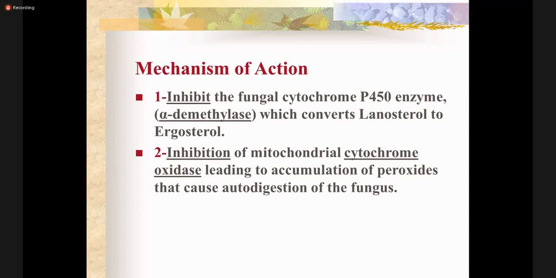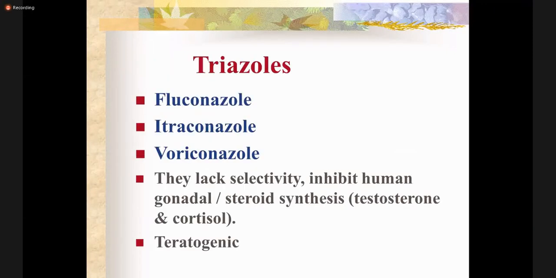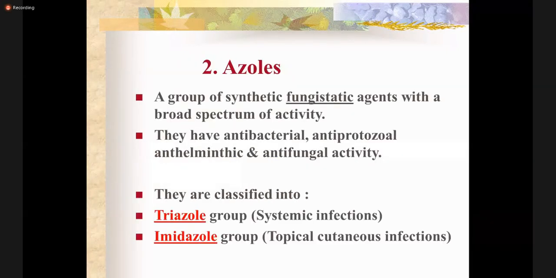microorganism. So these are the two mechanisms: affecting alpha-demethylase so that lanosterol is not converted to ergosterol, and the second way, affecting the mitochondrial cytochrome and leading to increased levels of peroxides. Okay, as we said, triazole is used in systemic infection.